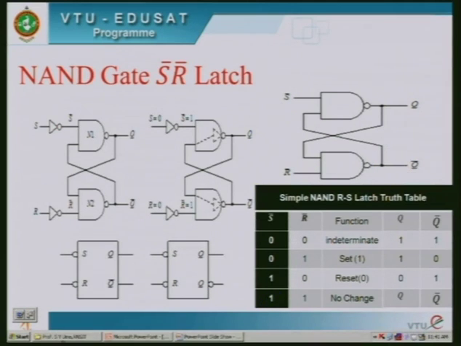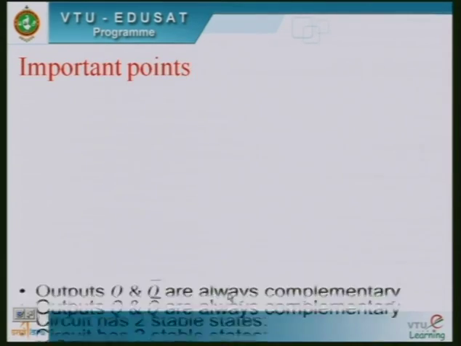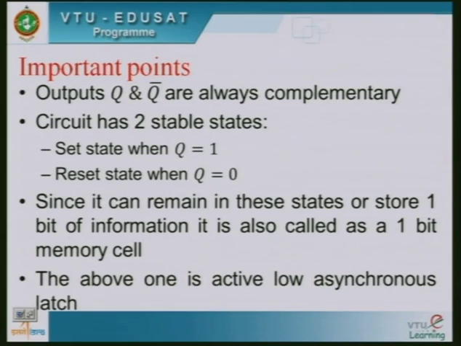Now, the important points about this: always remember outputs Q and Q bar are complementary to each other. The circuit will always have two stable states. One is the set state when Q is high, the other is the reset state when Q is 0.